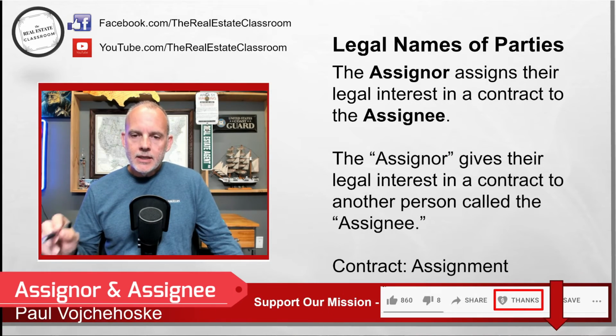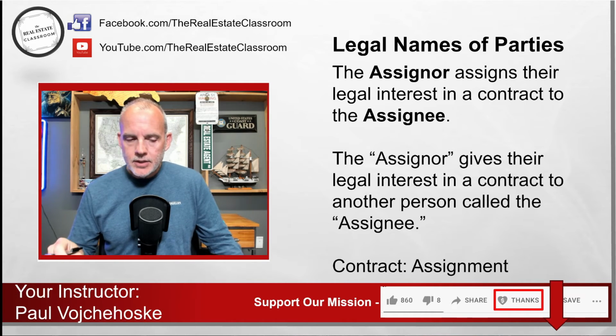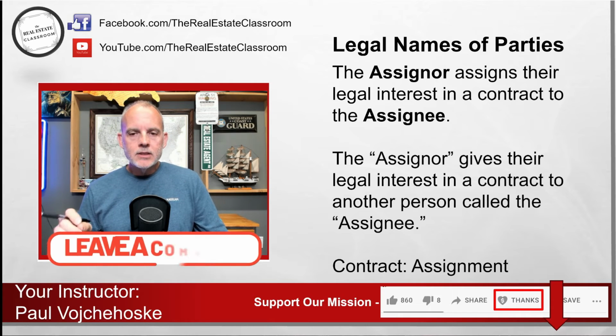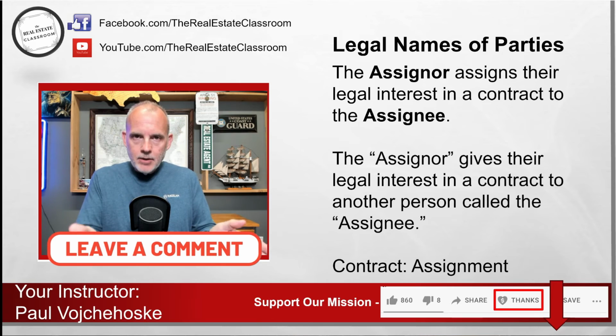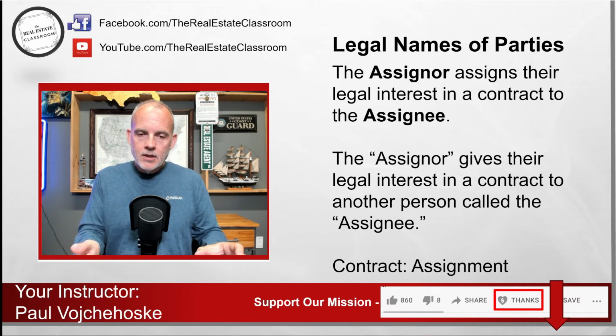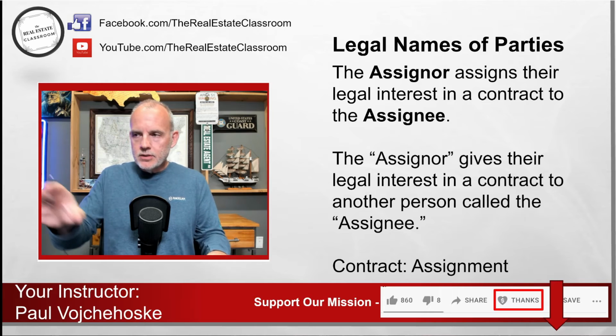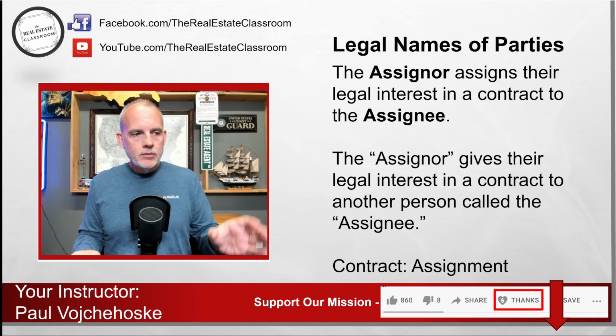Assignor and assignee. Now, the type of real estate contract that we are talking about here is an assignment contract. And just briefly, an assignment contract is used to transfer a party's legal interest in a separate contract to another party. So, for example, we have a purchase agreement between the buyer and the seller.